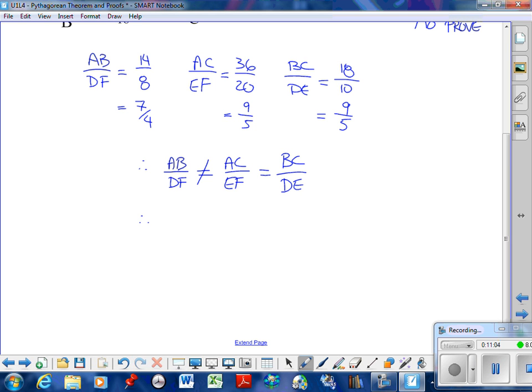So therefore, the triangles are not similar. There we are. So the triangles are not similar. And that's it. We've proven that because the constant is not the same all the way through.